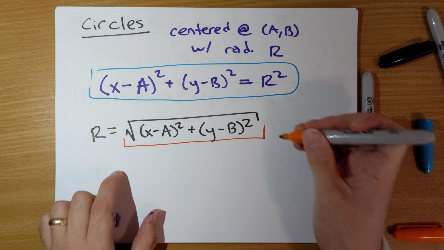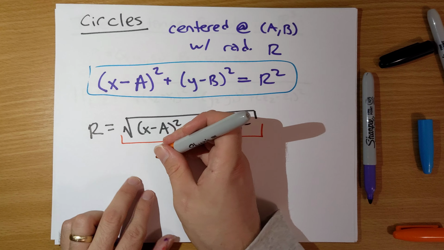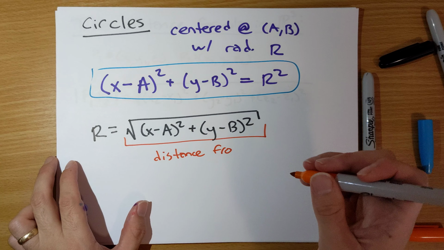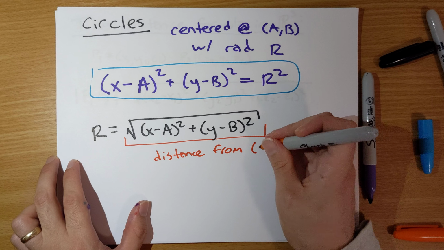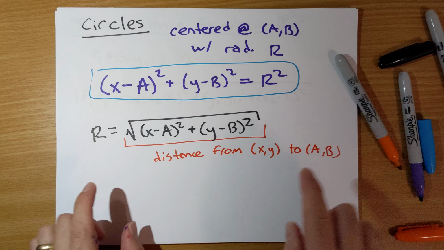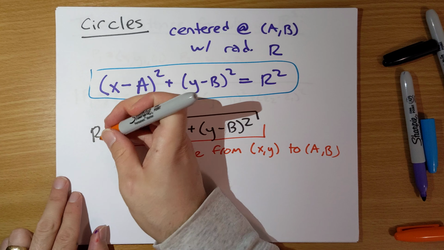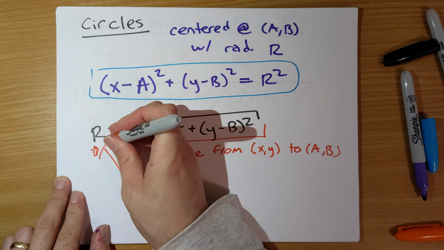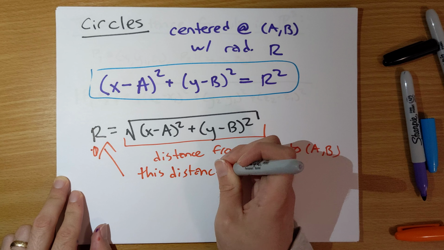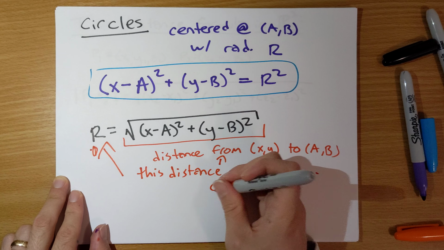This right-hand side, by the discussion we had in our previous video, is just the distance from the point (x, y) to (a, b), and saying that the distance from (x, y) to (a, b) needs to equal r is saying that this distance must be r, a constant.